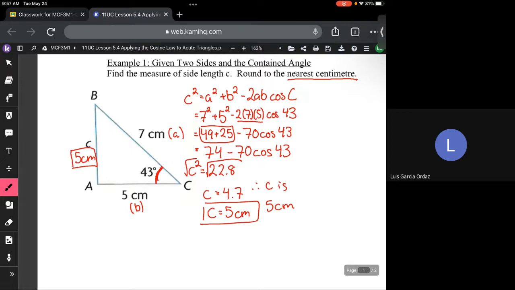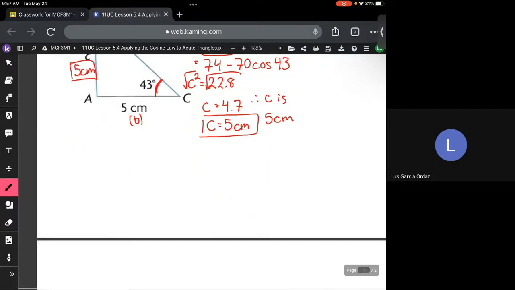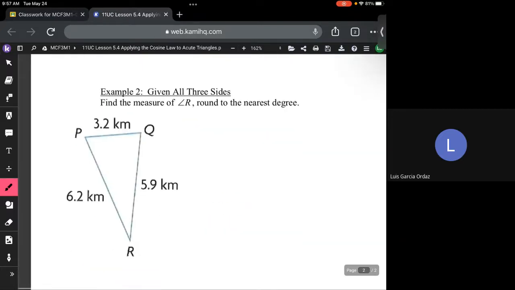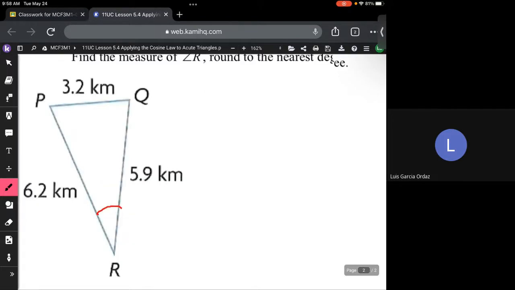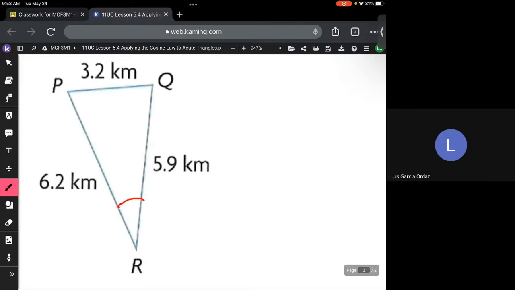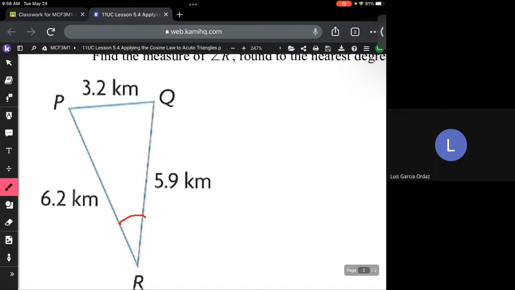Okay, for our next one now. We have given all three sides. So I want to find angle R. Can someone tell me what side P is, side Q is, and side R is? Side P is 5.9 km.